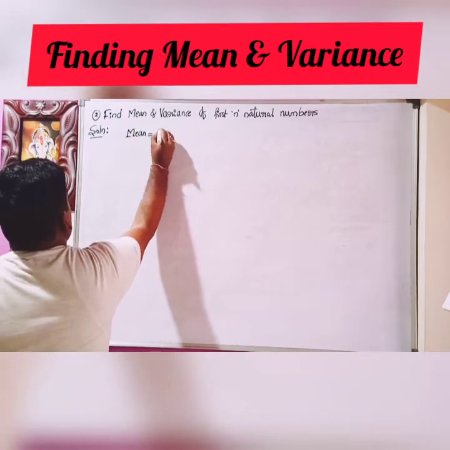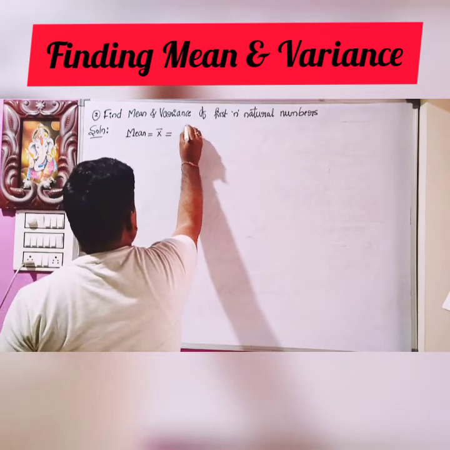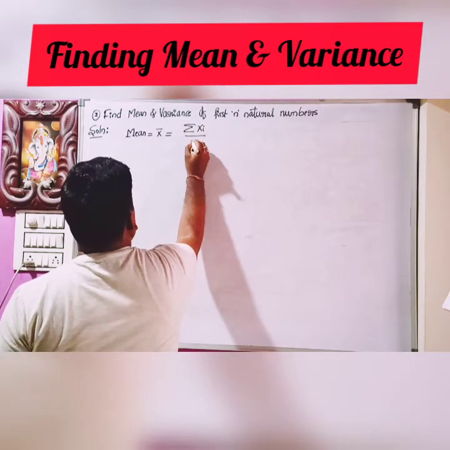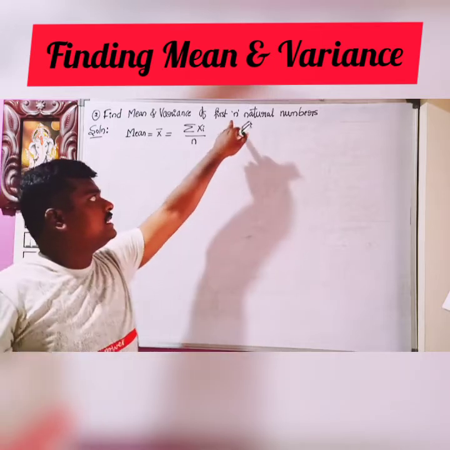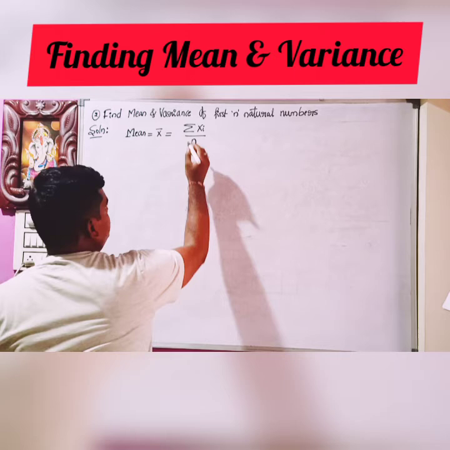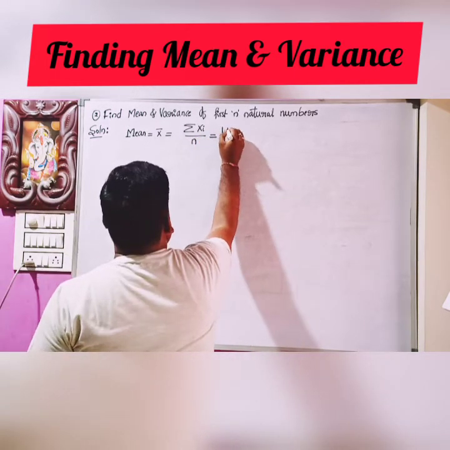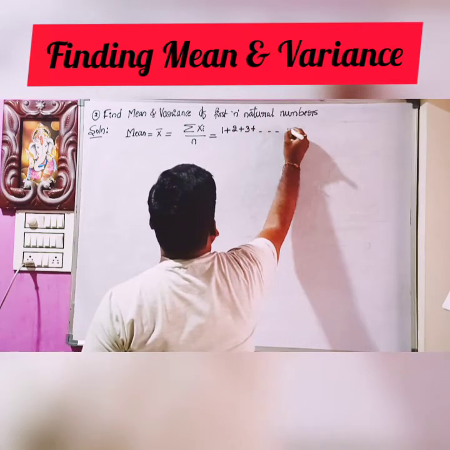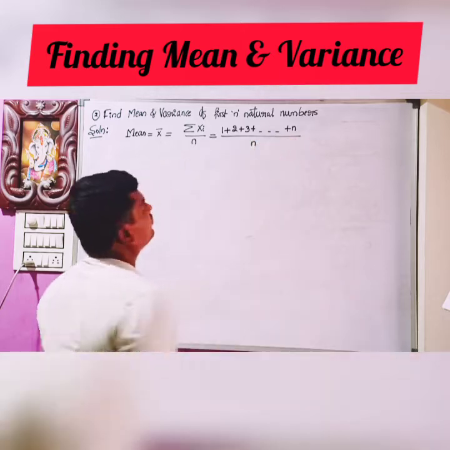What is the mean? It is denoted by x bar: the sum of observations, sum of xi, divided by the number of observations. The number of observations is n, because they have given n natural numbers. The sum of observations is 1 plus 2 plus 3 and so on up to n, whole divided by n.